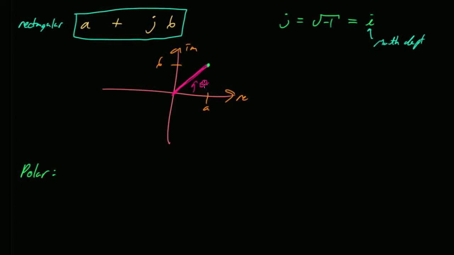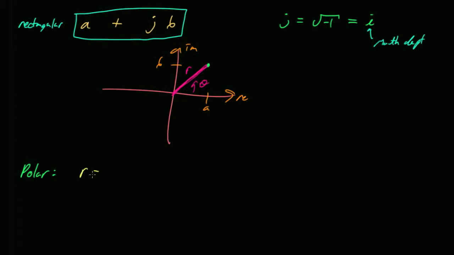You do. Okay, so if I know how long that is, and what angle that is, I should be able to get to the same complex number. That's called polar form. Okay, so if I'm going to write this in polar form, what is my R?